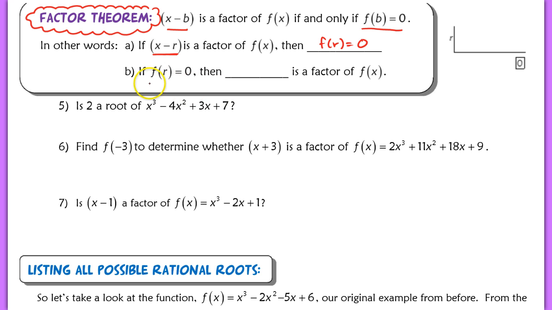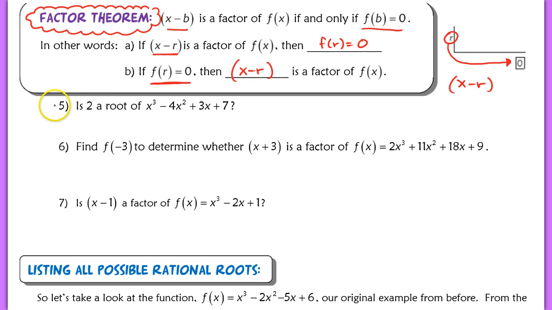And if we know that f of r is equal to 0, so if we're given this information here, then we can automatically assume that x minus r must be a factor of f of x. So in other words, if we have some value r, we try to use synthetic division, we should end up with 0 here as a remainder if x minus r is supposed to be a factor.